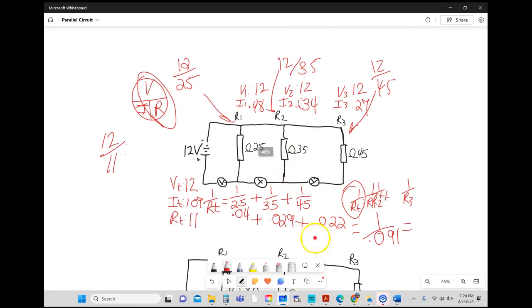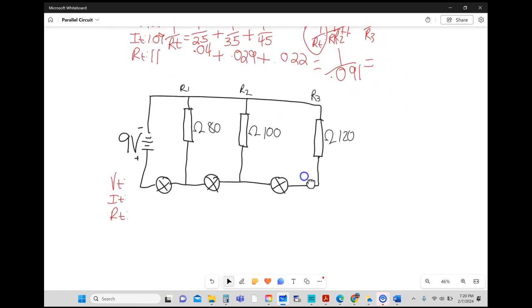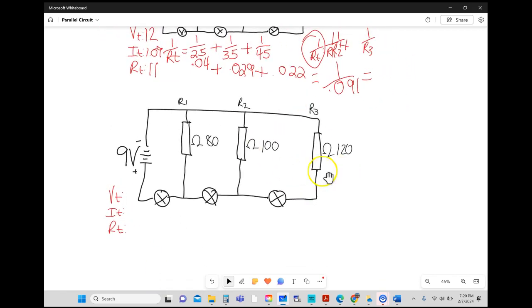I'm going to scroll down here. Bring this one up. Okay. And so this is a good practice one right here, guys. So let's look at this. So you know you got 9 volts going in. So again, you guys are using that same chart. Okay, V. Okay, what's our total voltage? 9 volts. Okay.